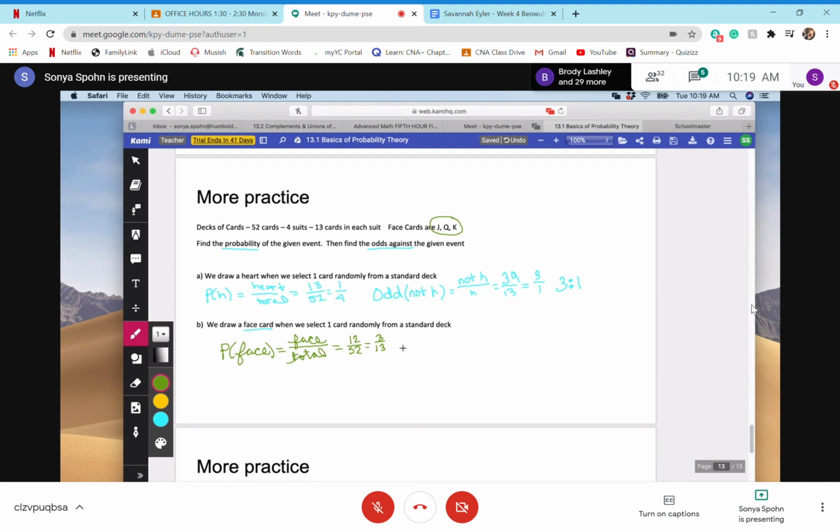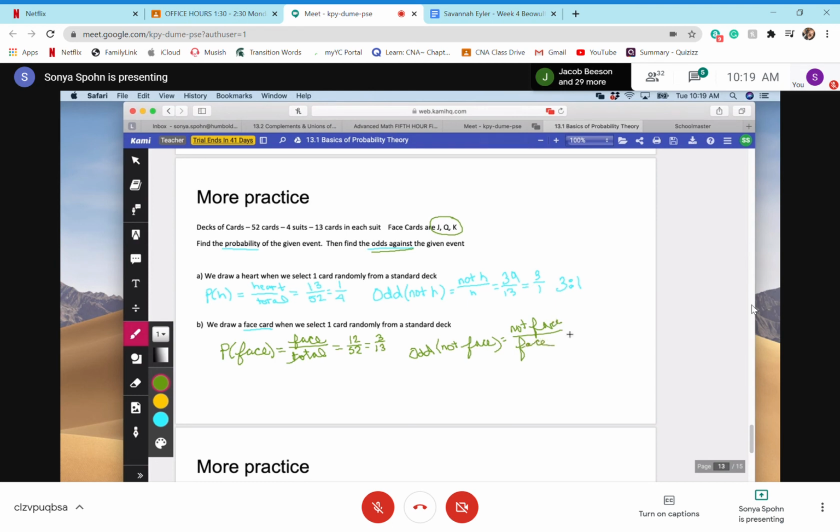Now we're going to do the odds. But then again, remember up here it said find the odds against this given event. So if this was drawing a face card, we want to do the odds of not getting a face card. So we're going to do not a face card over a face card.